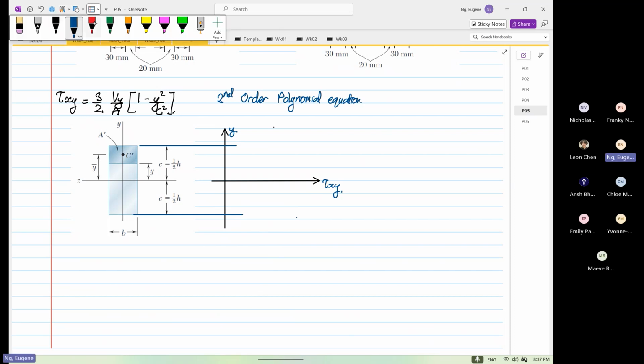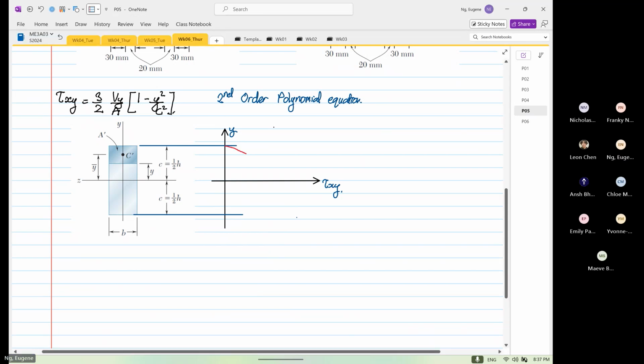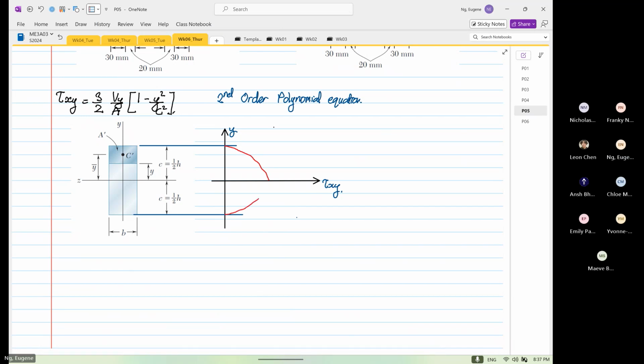So if I'm going to sketch this out, it will look like this. And what you realize is this position is at the tau max. And at this position, at 0, this is the position of our centroid.